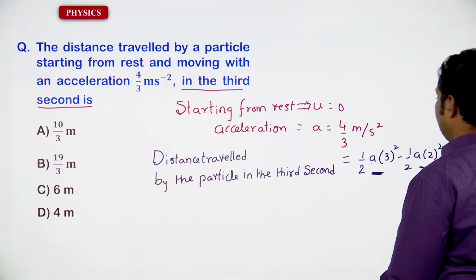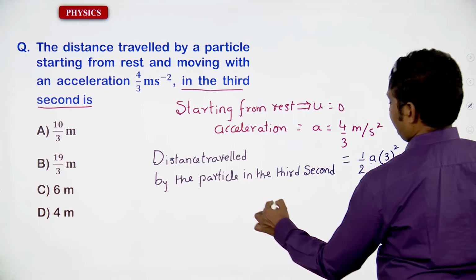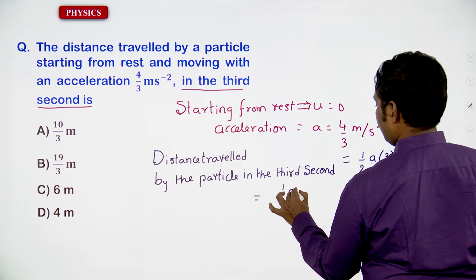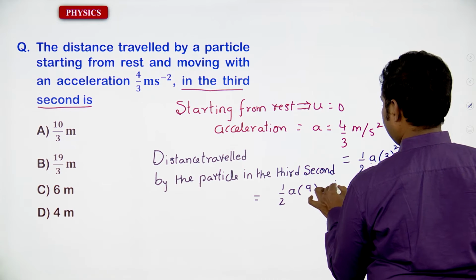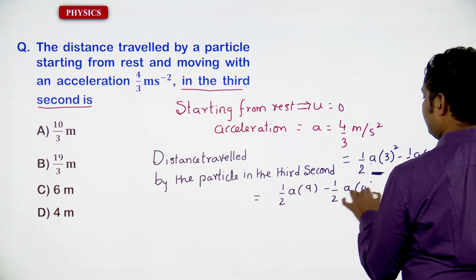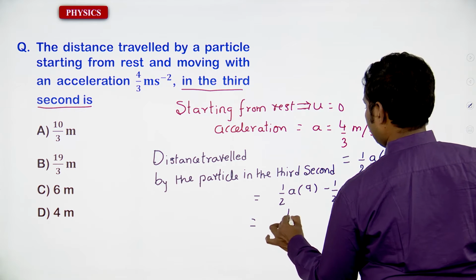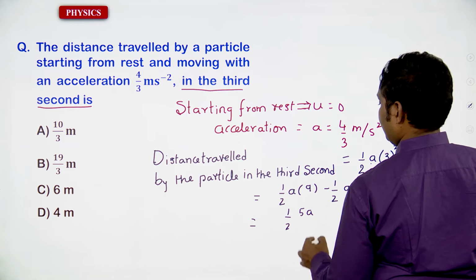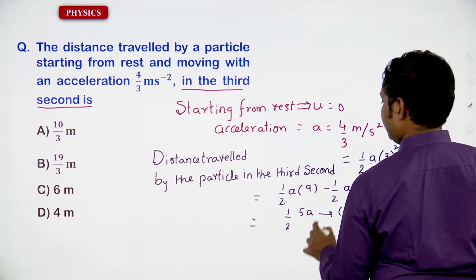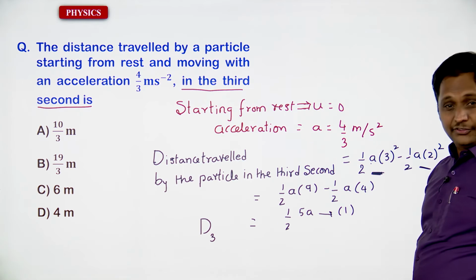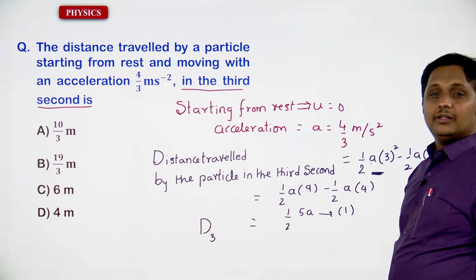Now you can confirm it's 1/2 a into 9 minus 1/2 a into 4, which gives 1/2 into 5a. So this is the first equation. Let the distance travelled be d3.